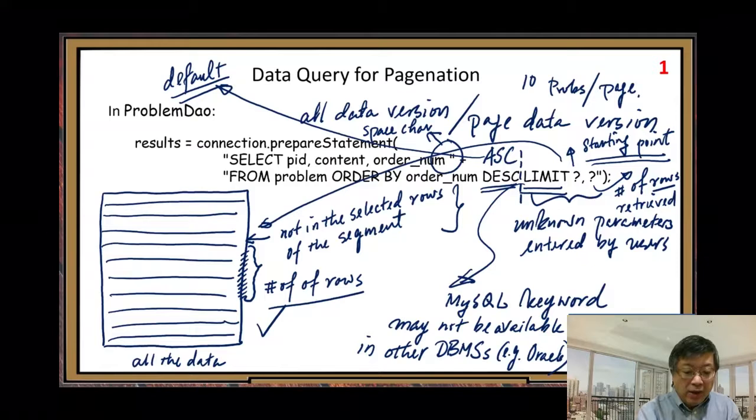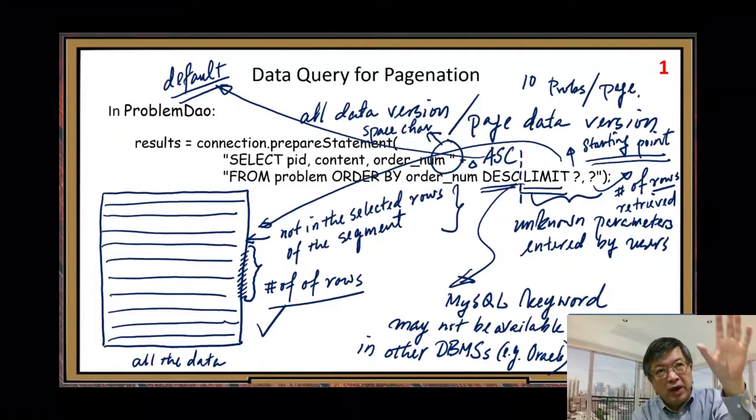Because here, you can see the query statement is relatively long, so we need to break it into multiple lines. When you break it into multiple lines, the connection part is important. For example, if you do not intentionally put a space character there, what would happen?